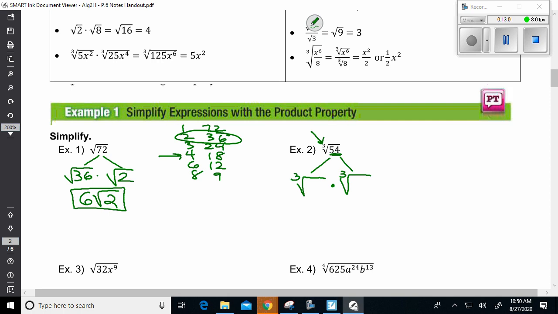So 54 is 1 times 54, 2 times 27, 3 times 18, 6 times 9. The perfect cubes are 1 and 27. 27 is bigger.